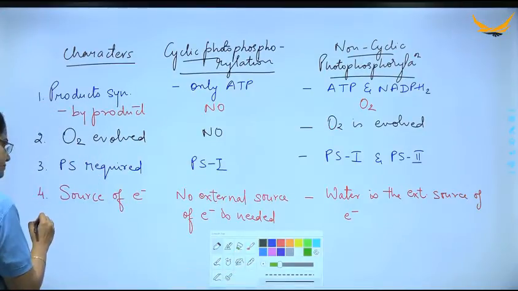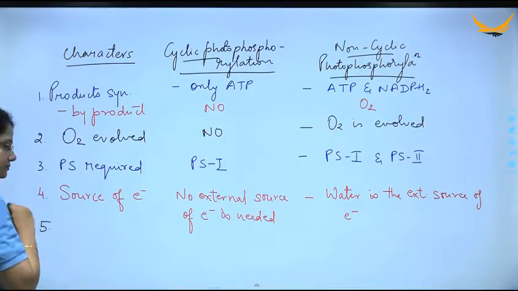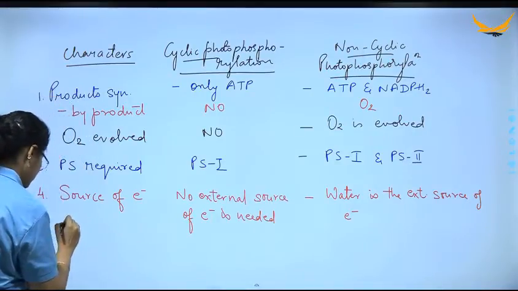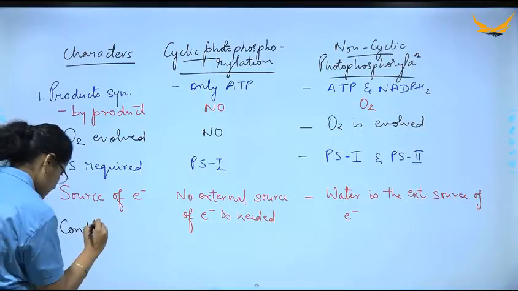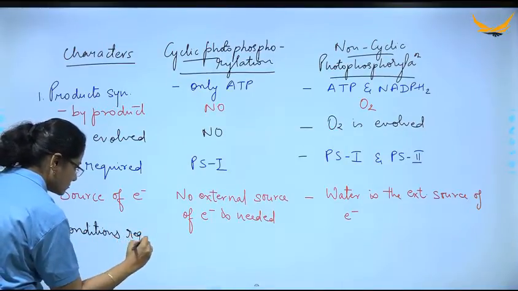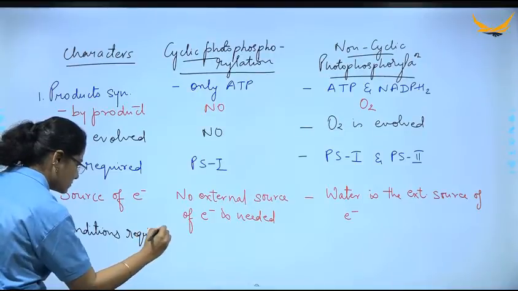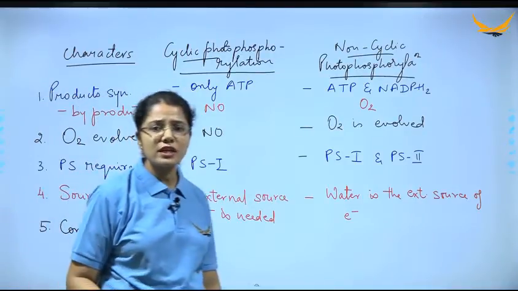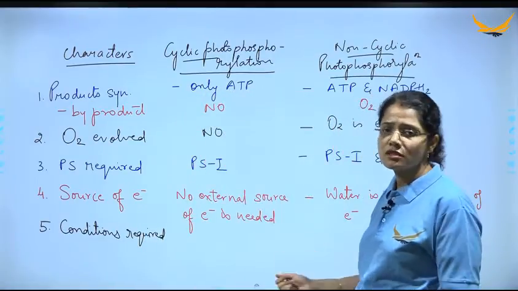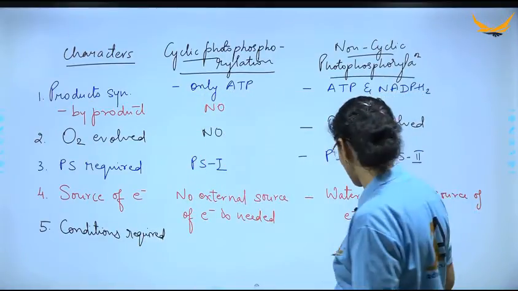And the last point on which we will be comparing them will be conditions required. Now in case of cyclic photophosphorylation, when does this operate? What conditions are required? Okay.